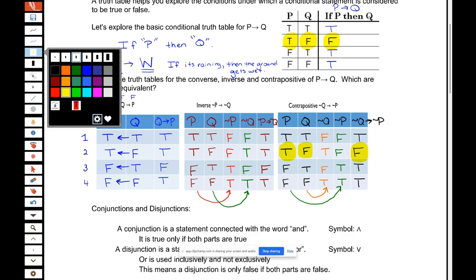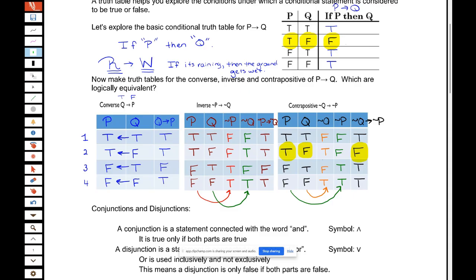If we look at the converse and inverse, which we already said in our previous lesson were logically equivalent, the converse, Q implies P, is only false when P is false and Q is true. For the inverse, our only false is also where P is false and Q is true. So they occur under the same conditions. I don't want to say it's always going to be on the same row.